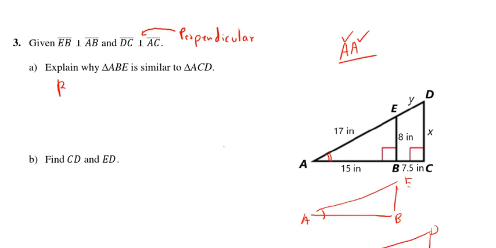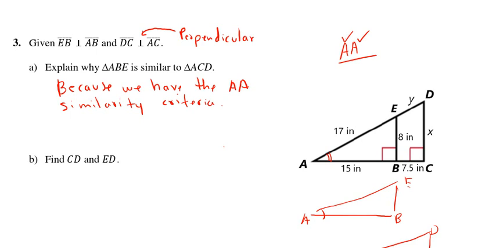So because we have the angle-angle similarity criteria, then we could mention that angle EBA is congruent to angle DCA, and angle A is congruent to itself, which is angle A. We can always elaborate more.